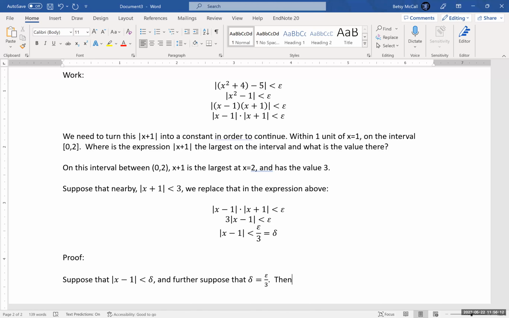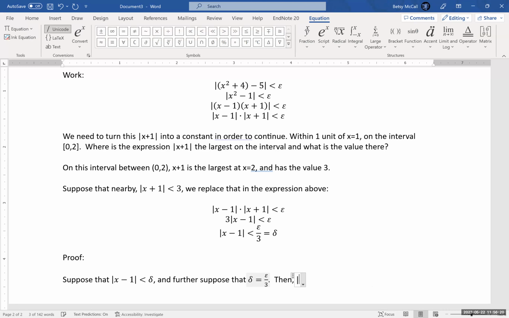Then, there's our if, then there's our then. These are if statements. Then we can say that absolute value of x minus 1 is less than epsilon over 3.